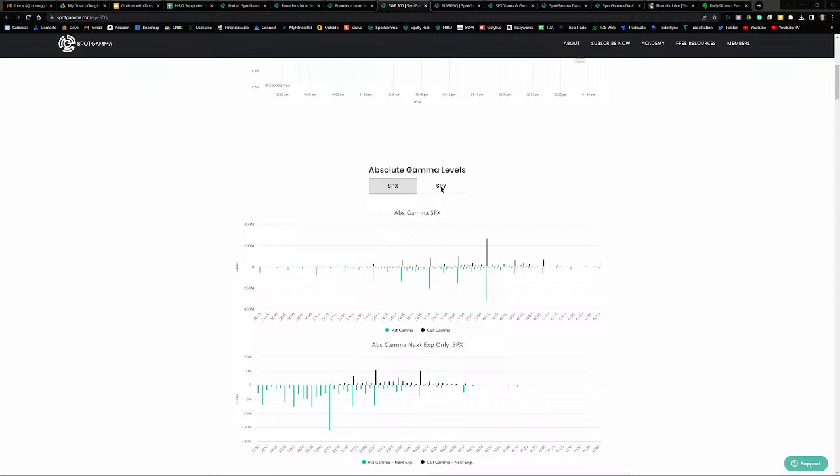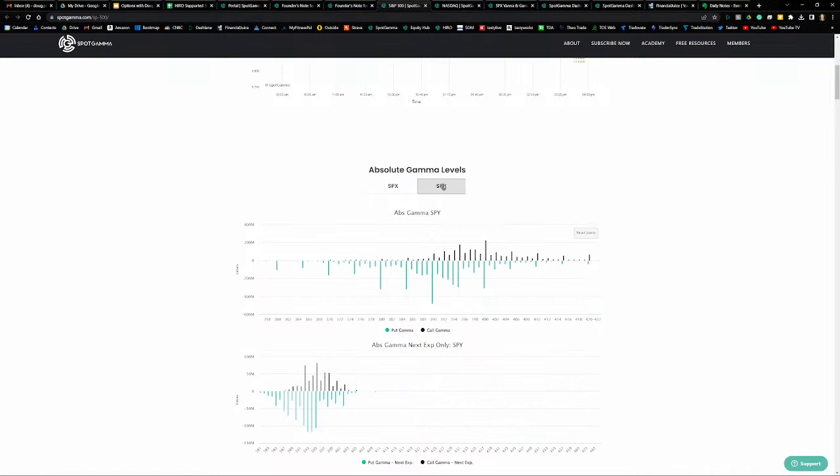Let's take a look at SPY. So for SPY, again, remember the key gamma strike dropped from 400 to 390. So this is the key gamma strike.